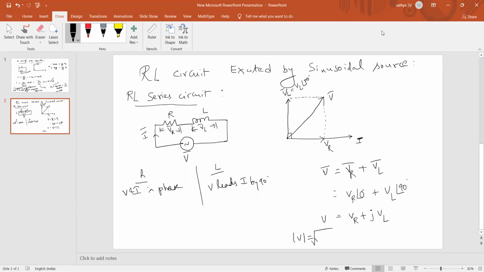V is equal to under root VR square plus VL square, and the angular difference I can write directly here: V is equal to under root VR square plus VL square at an angle tan inverse VL by VR.